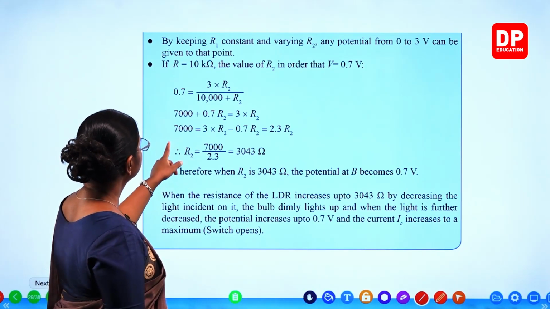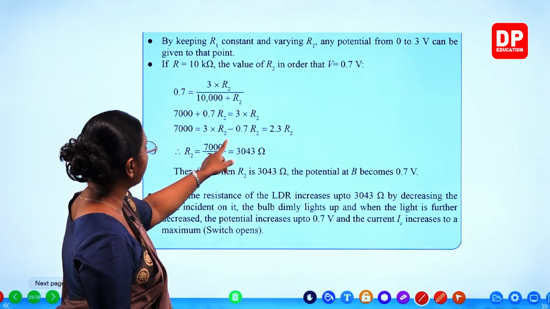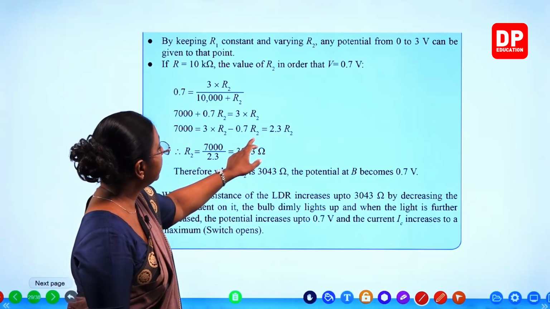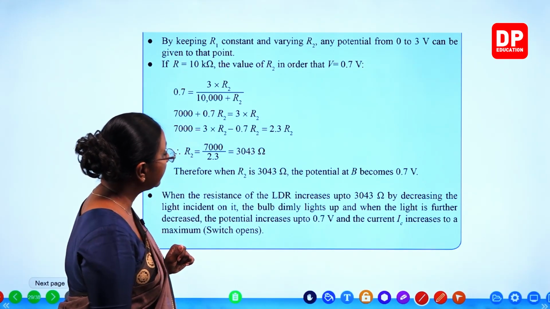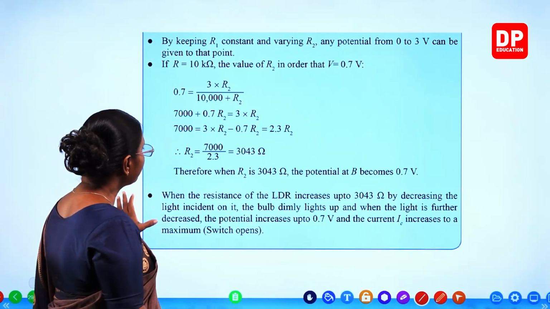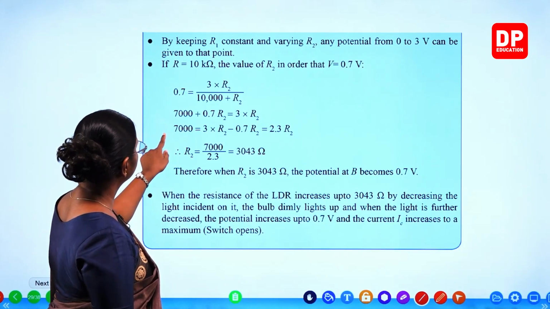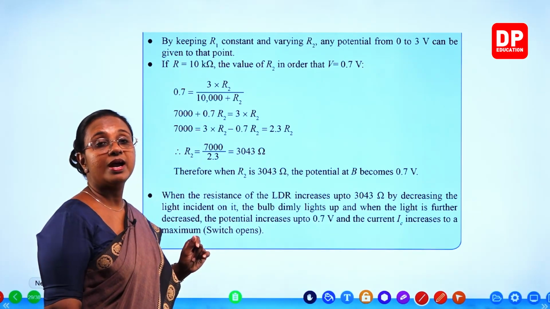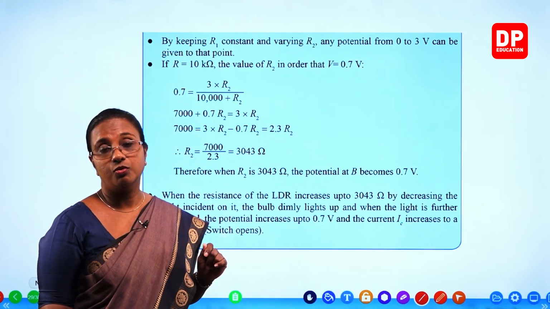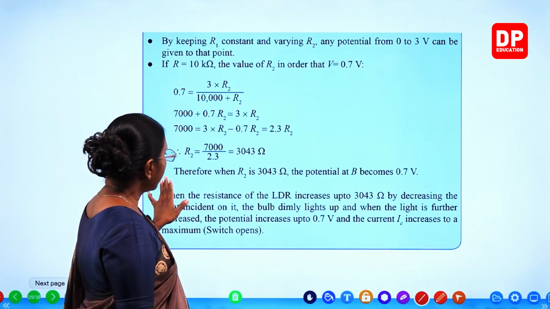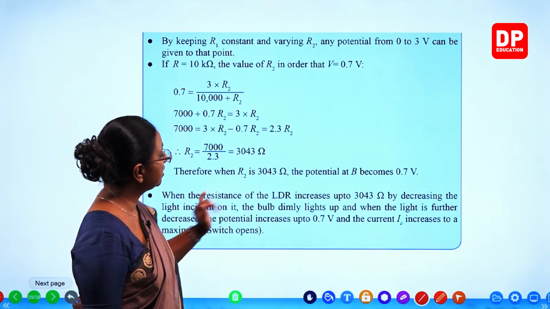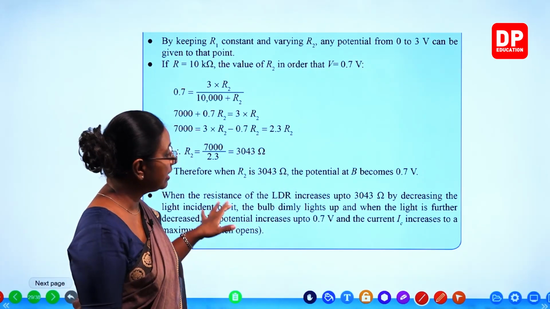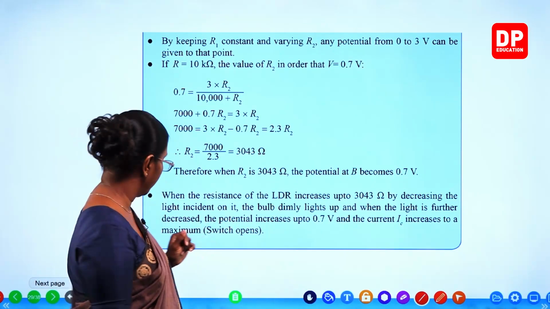Again, you rearrange. 7,000 equals 3 into R2 minus 0.7 R2. Then that is equal to 2.3 R2. So, from there, if you calculate R2, 7,000 divided by 2.3, you will get the value as 3043 ohms. So, therefore, when R2 is 3043 ohms, the potential at base, that is B, becomes 0.7 volts.